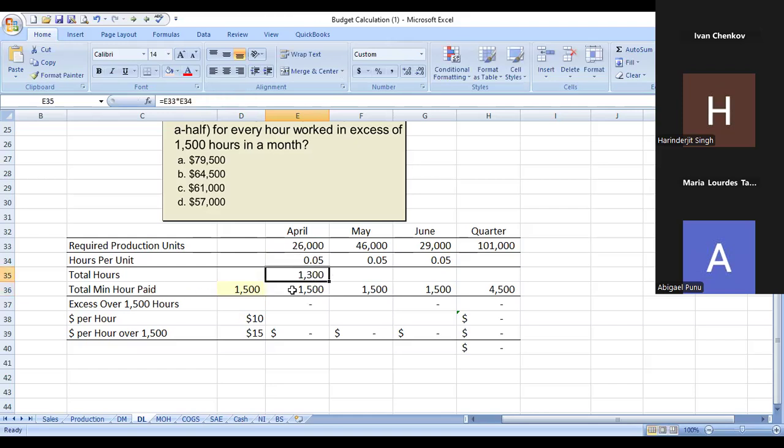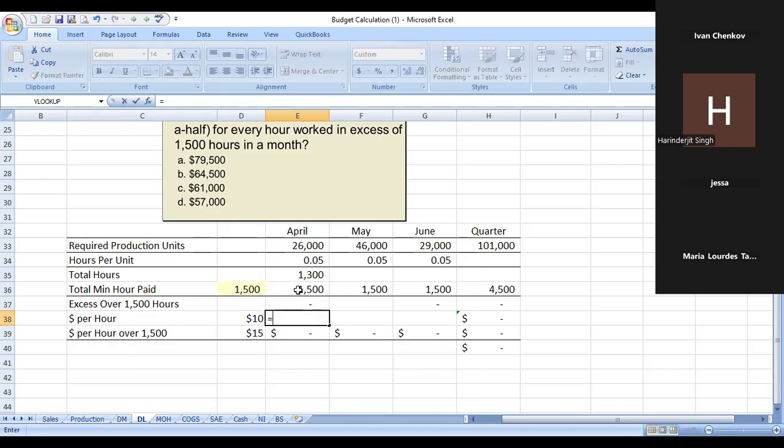But since we have to pay them a minimum of 1,500, we're going to pay them 1,500. The question is, in the month of April, do we have excess over 1,500 hours? No. So we pay them the minimum at $10, right? So our cost here will be the minimum hours that we're paying them times $10, so we pay them $15,000.